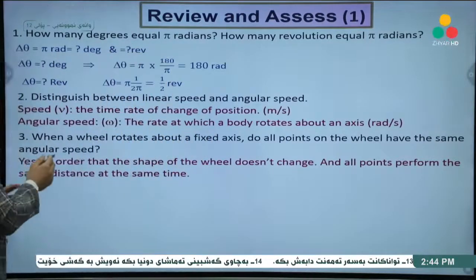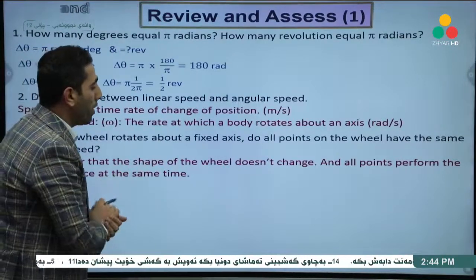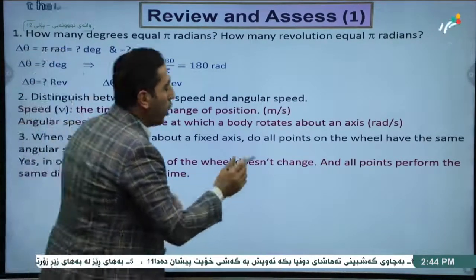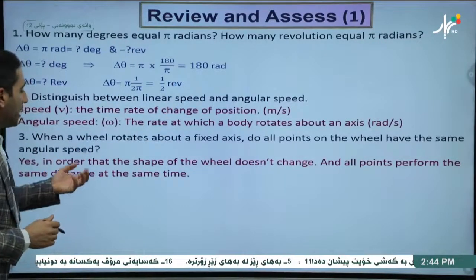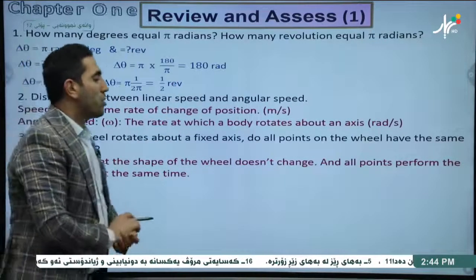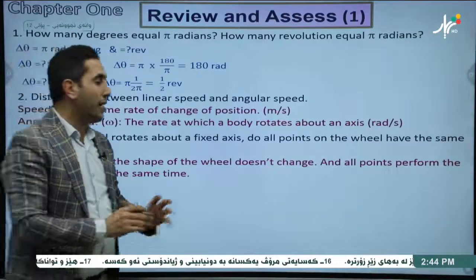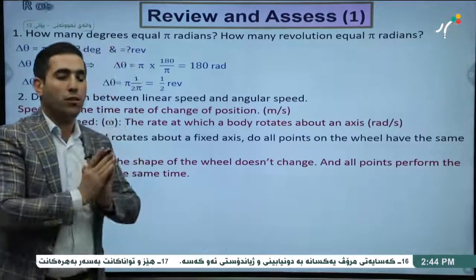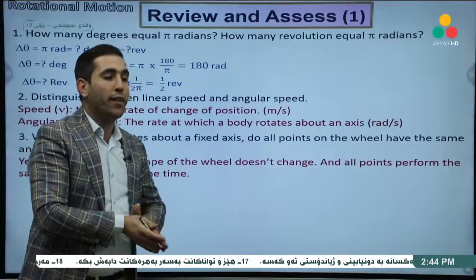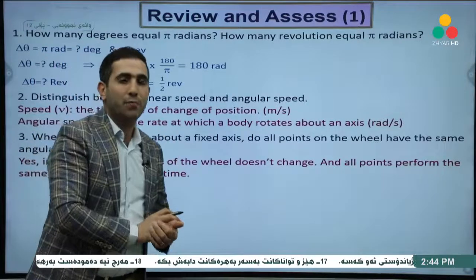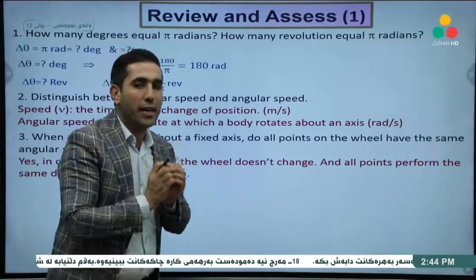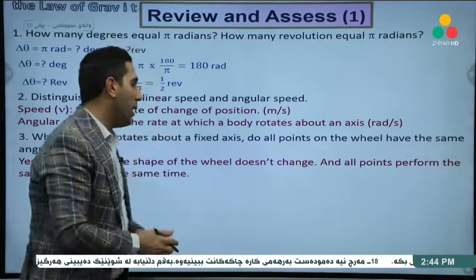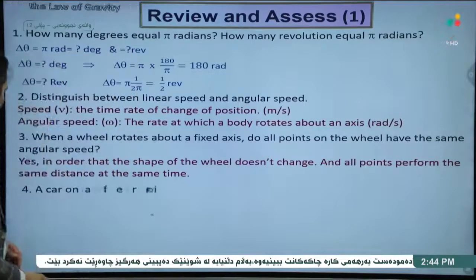We say yes so that the shape of the wheel doesn't change and all points cover the same distance at the same time. So when a rigid body has angular motion, all points have the same angular speed and angular acceleration.